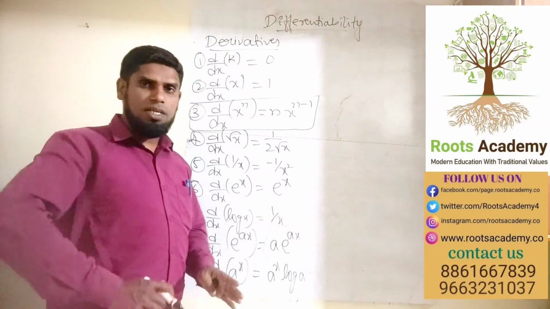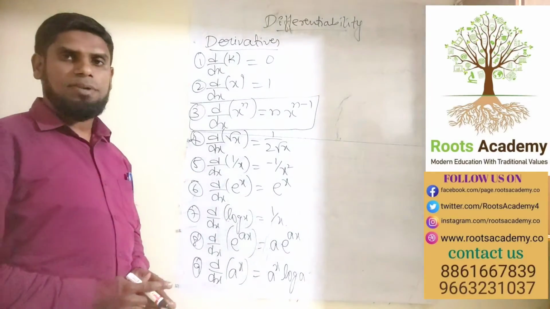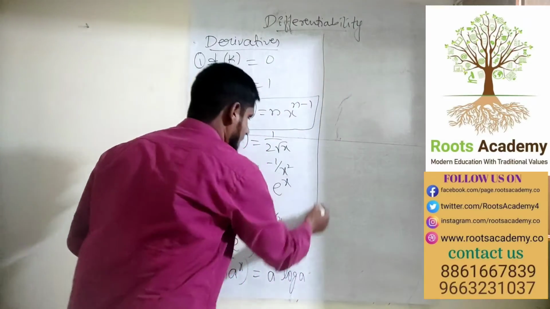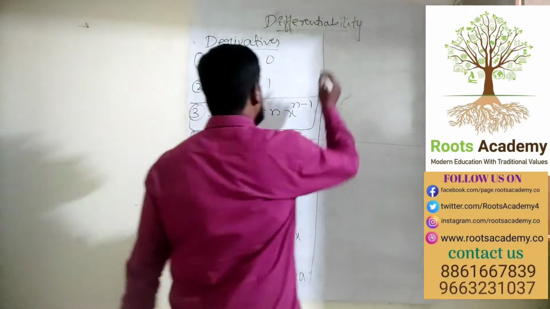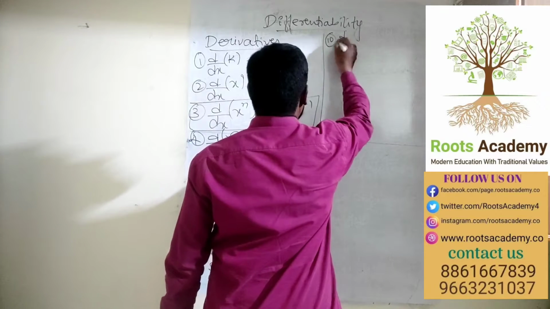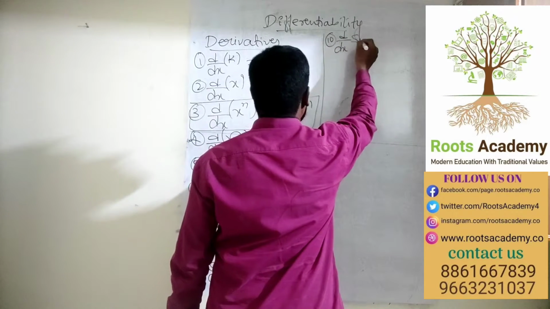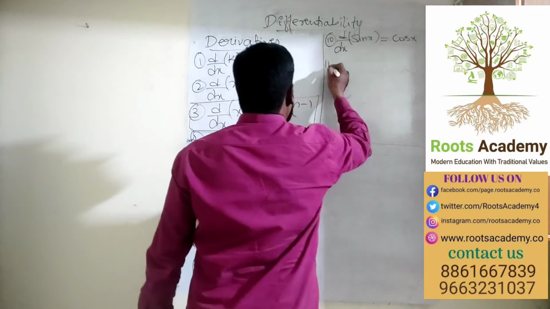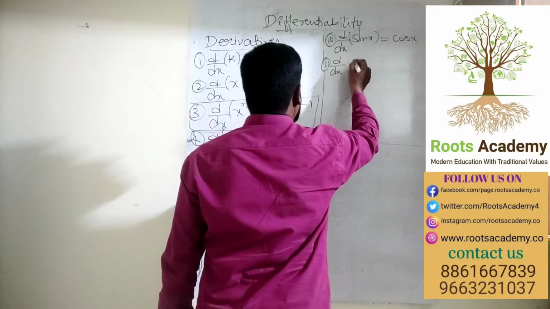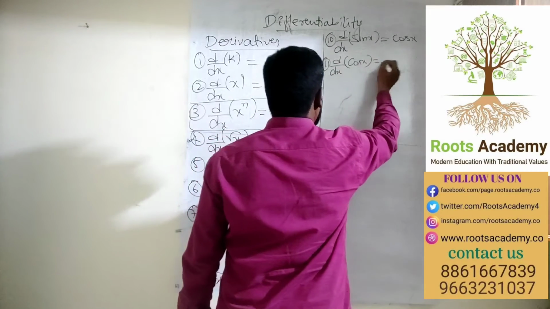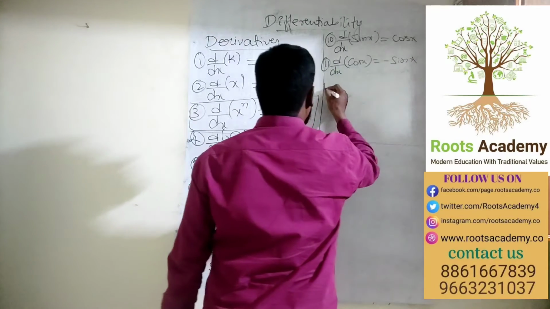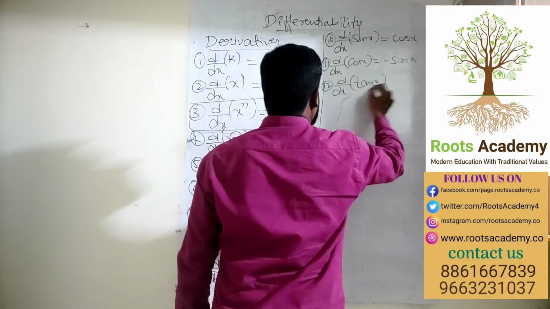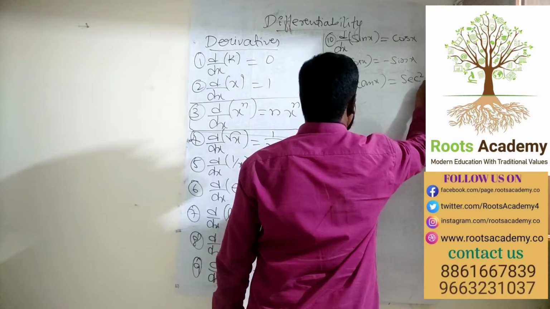Now, let us write some derivatives of trigonometric functions. d by dx of sin x is cos x. d by dx of cos x is minus sin x. d by dx of tan x is secant square x.